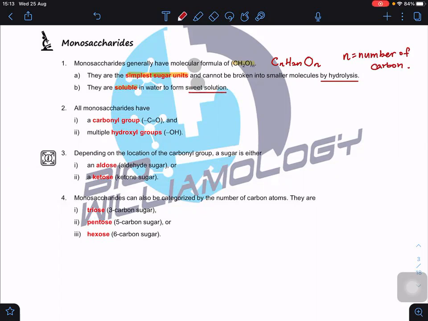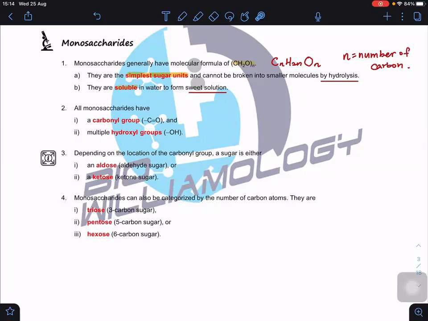So this is another property of monosaccharides. Two properties: first, they are the simplest sugar units and cannot be broken down by hydrolysis. Second, they are soluble in water to form sweet solutions. Why are they soluble? They contain multiple hydroxyl groups, a lot of OH groups. We know that O is delta negative and H is delta positive, so it can interact with water molecules.